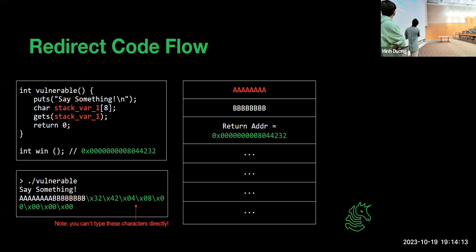We can pass in unprintable bytes and actually specify a specific return address to jump to. And suddenly we've made the program do something that it was not coded or designed to do. So this is the basics of stack smashing and taking control of programs that you might encounter in the wild.